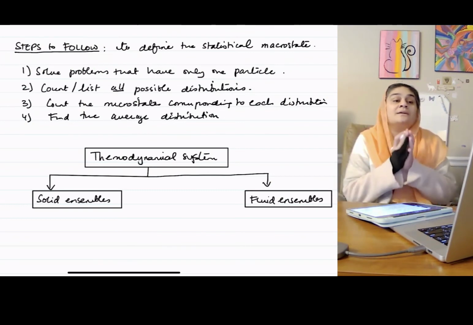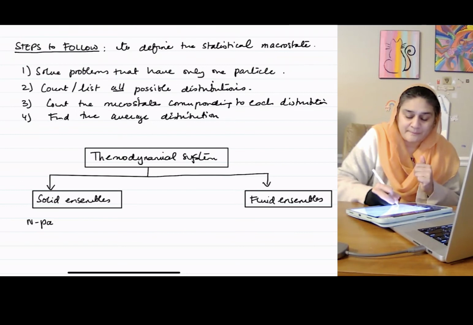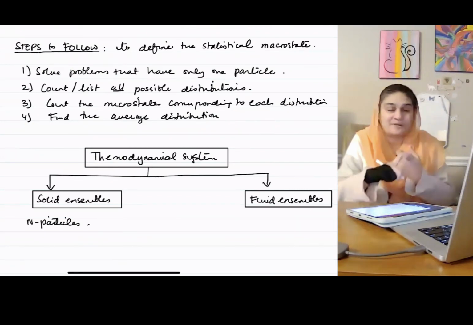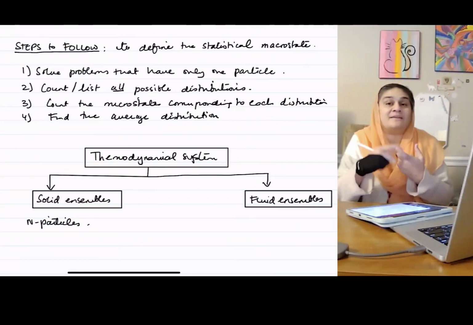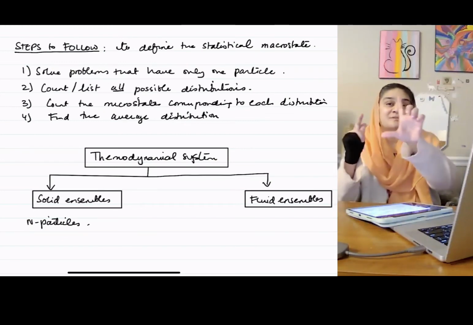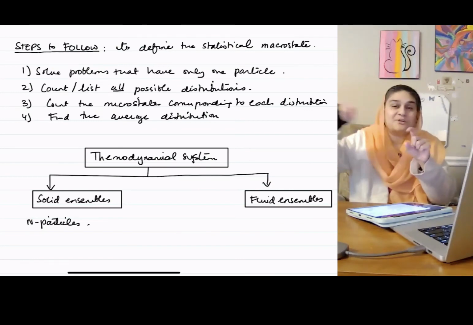So in a solid ensemble, say of n particles, we can distinguish the particles between themselves, not by the fact that the particles themselves are different, but we can do a spatial recognition on it. So we know the XYZ of each particle and their location because they can't move.